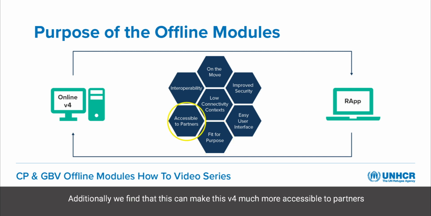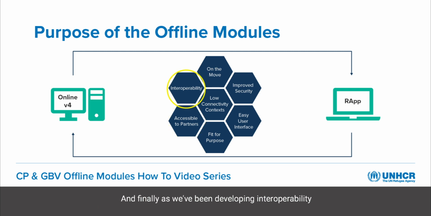Additionally, we find that this can make V4 much more accessible to partners, as many partners in contexts where we have low connectivity might have even less. So this is one way where we can make the system of V4 an actual possible option for them in terms of their case management.